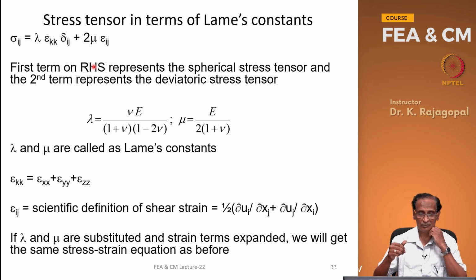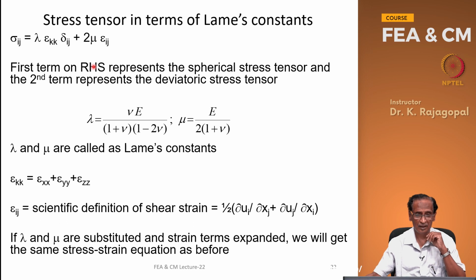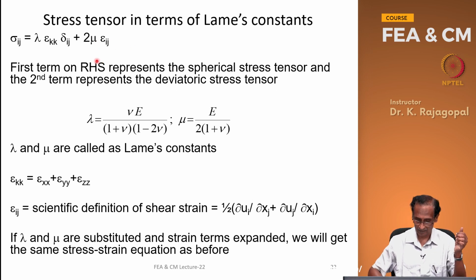Okay. Whereas in soil mechanics, the total stress is effective stress plus the pore pressure, and your pore pressure is similar to your spherical stress tensor, and then the effective stresses could be similar to your deviatoric stress tensor. Okay. So, I think this may be my last slide.